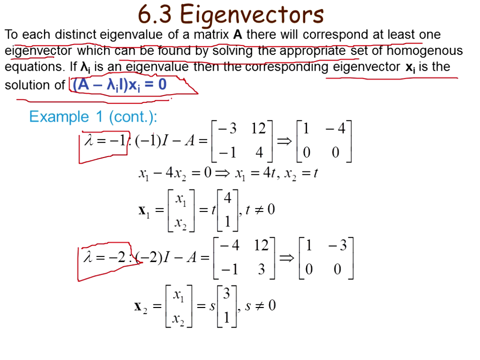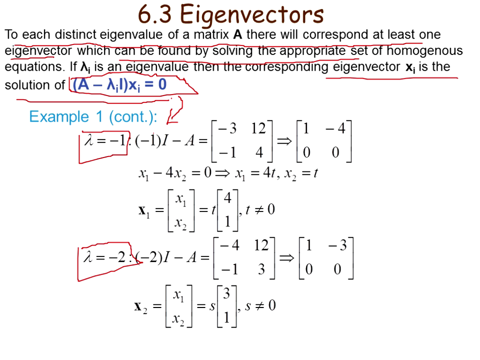There is a formula: lambda I minus A is equal to 0. Using this formula, I write lambda I minus A.